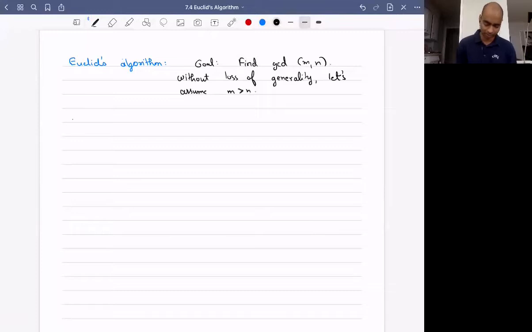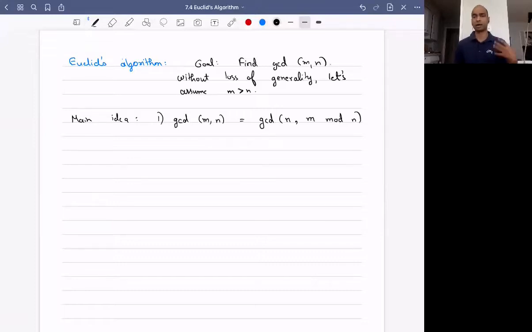Okay, the main idea of Euclid's algorithm is the following: there are two steps. GCD of m and n is the same as GCD of n and m mod n.